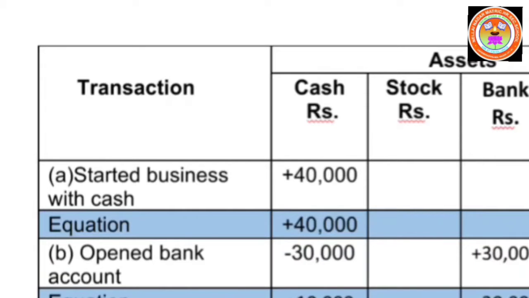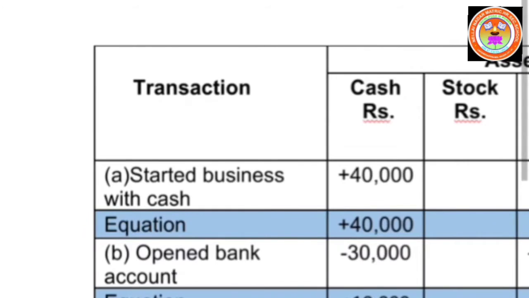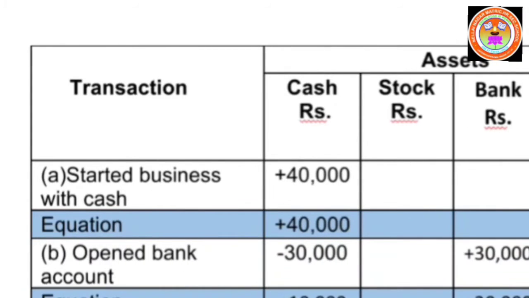Then start the first transaction. Raj started business with cash is the first transaction. So write the transaction rightfully. When the proprietor starts a business with cash, cash comes into the business. According to our business entity concept, business is different from businessman.